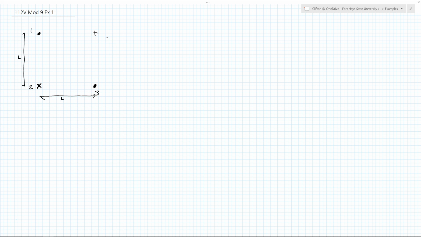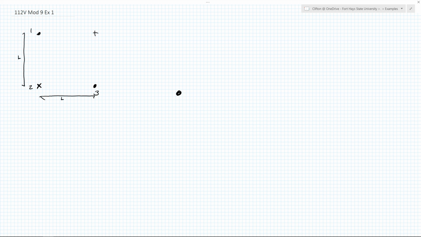So the first thing that we need to do is figure out the direction of these magnetic fields. If I look at the magnetic field due to current 1 at the observation position, I need to use one of the right-hand rules to determine what the direction is going to be. So let's say I've got a current that comes out of the board like this.